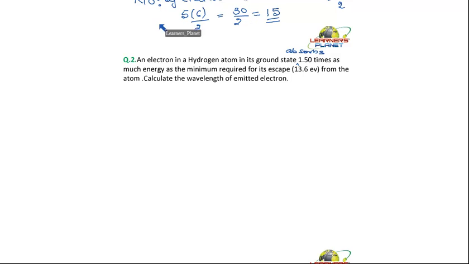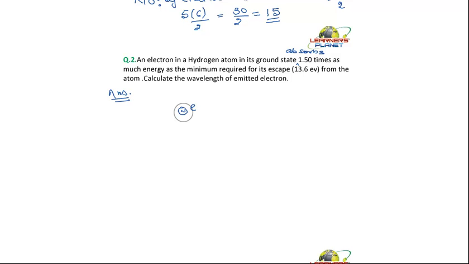Say how much energy is required. Say I have got an atom over here. Say this is an atom, right? Now, there is an electron in the ground state.